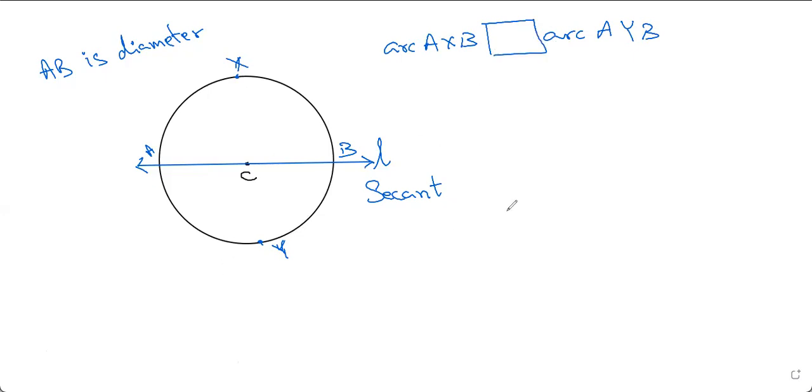Shall I put a greater than symbol between them, less than symbol, or something else? They are equal. Very smart. That is the meaning of diameter. Diameter divides the circle into 2 equal halves. So now the length of arc AXB is equal to the length of arc AYB.